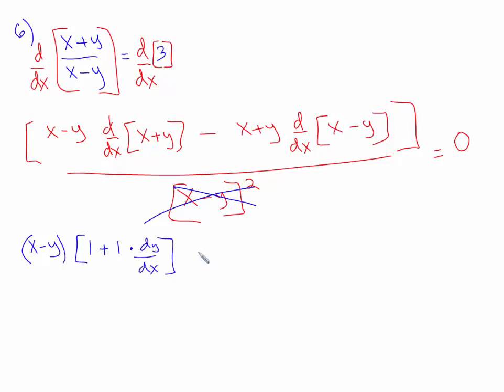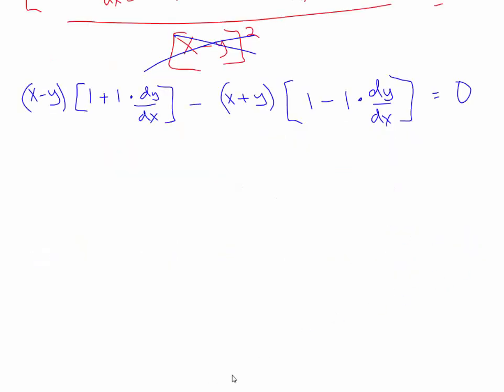Minus, we have x plus y times the derivative with respect to x of x, that's going to give us 1, minus the derivative with respect to x of y, that's going to give us 1 times dy dx, because that's a y. This is equal to 0.